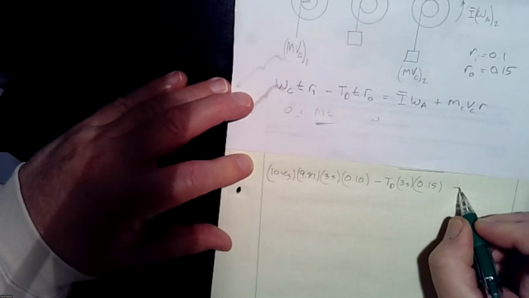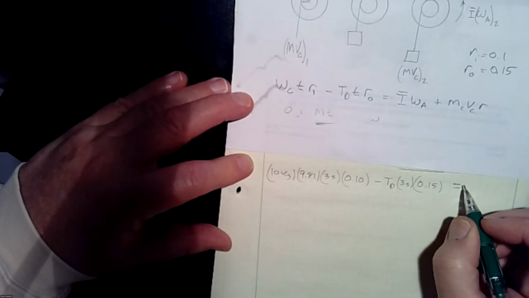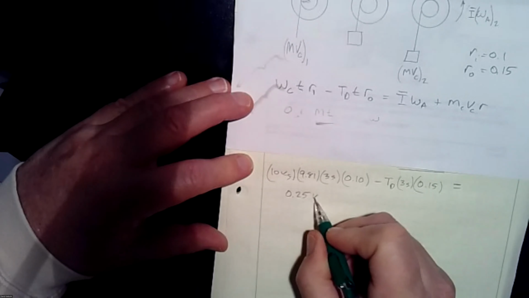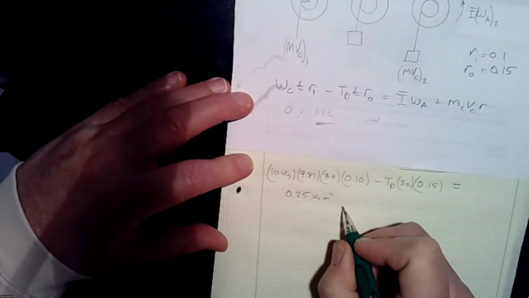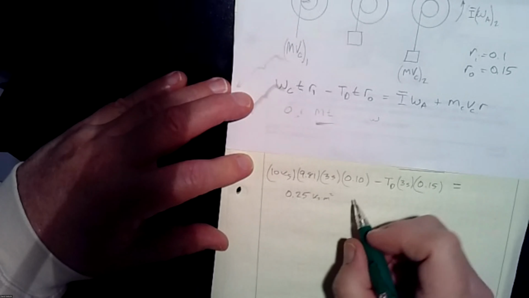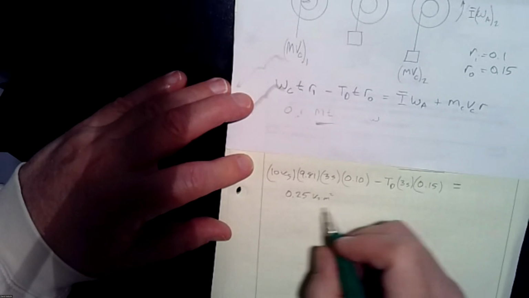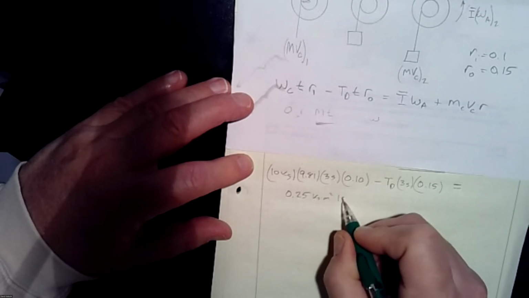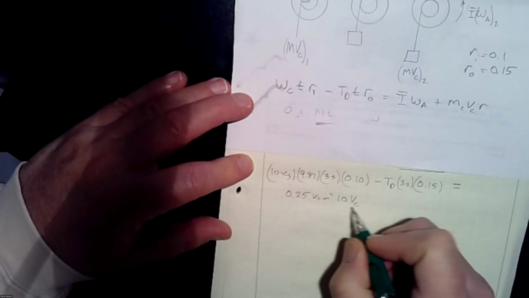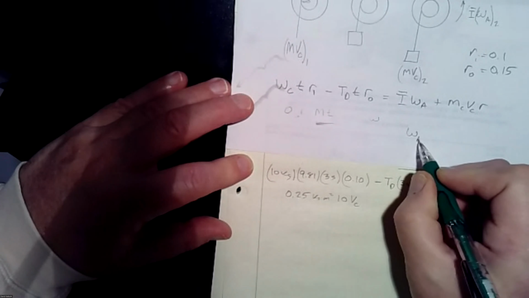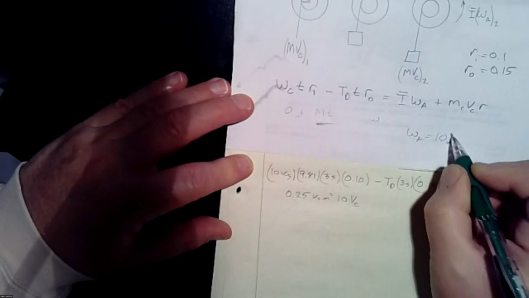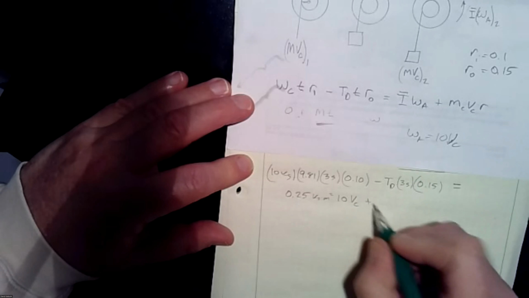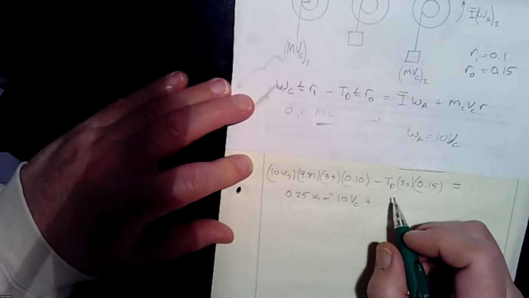That's going to equal 0.25 kilogram meter squared, and then times omega. But we know omega A is also 10 VC, so I'm going to put 10 VC in there for omega. And then plus, what do we have?